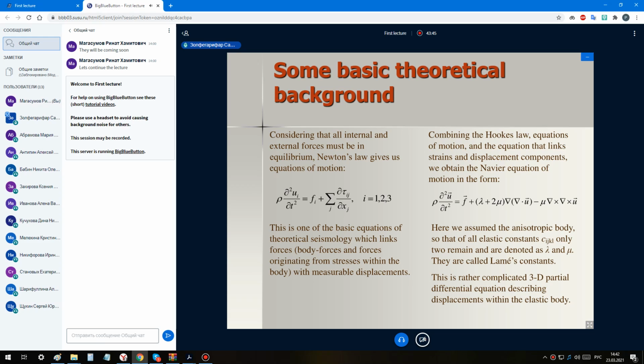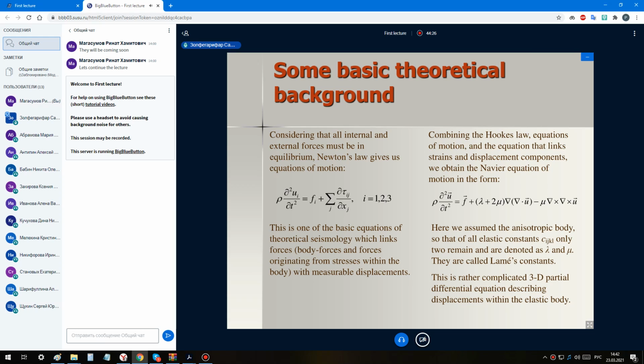Considering that all internal and external forces must be in equilibrium, Newton's law gives us the equations of motion as shown in this slide: rho times ∂²u_i/∂t² equals f_i plus sum over j of ∂tau_ij/∂x_j, i equals 1, 2, and 3.